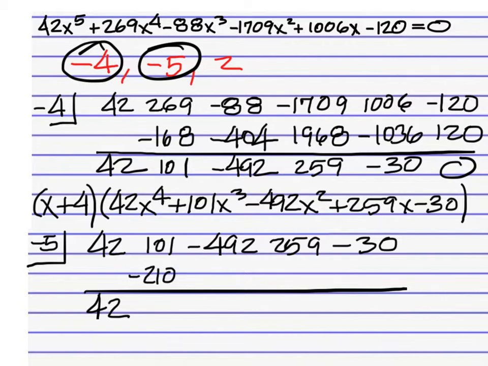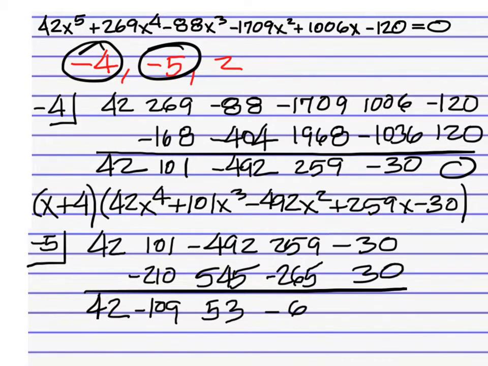Add 101 to that and get negative 109. Negative 5 times negative 109 is going to be 545. Add to that a negative 492 and get 53. Multiply by negative 5 to get negative 265. Add to that 259, and that is a negative 6. Negative 6 times negative 5 is positive 30, so we get a 0. That means it went in evenly.